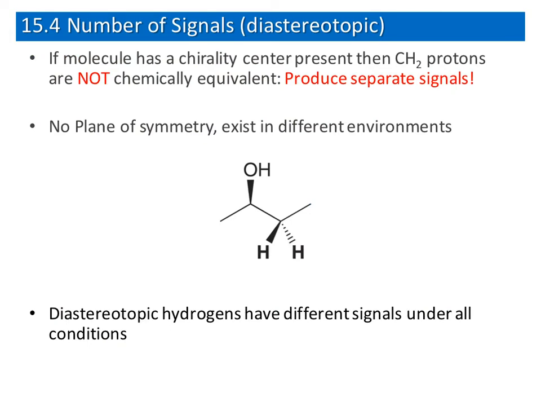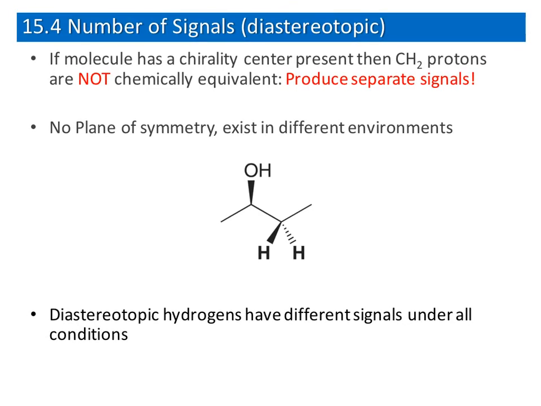As I mentioned, diastereotopic protons show different signals in hydrogen NMR. Now, if you look at this structure, we want to know the relationship between these two protons. Again, we can do the replacement test here. You can try it at home. By doing the replacement test, we are going to form a chiral center right here.